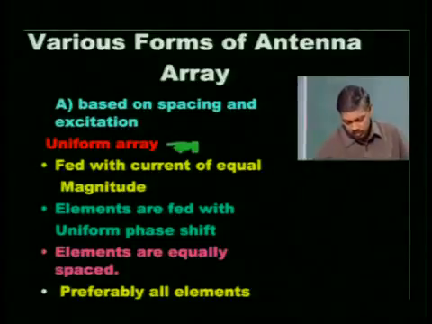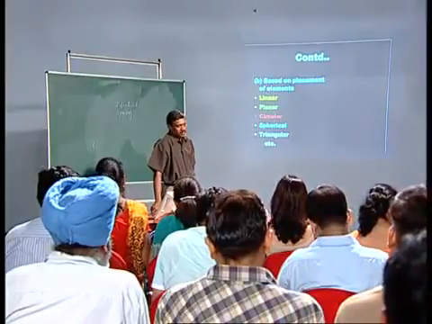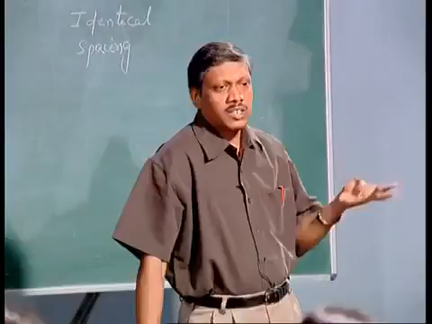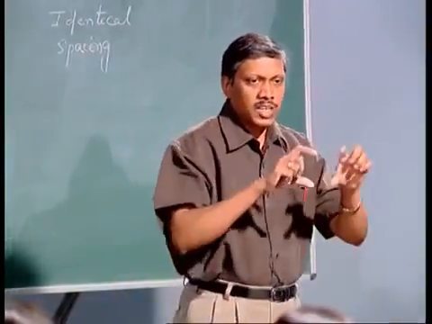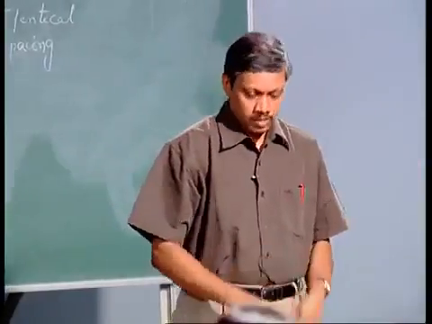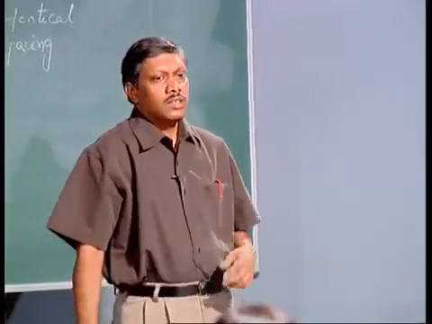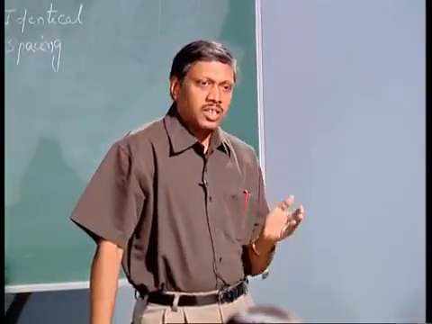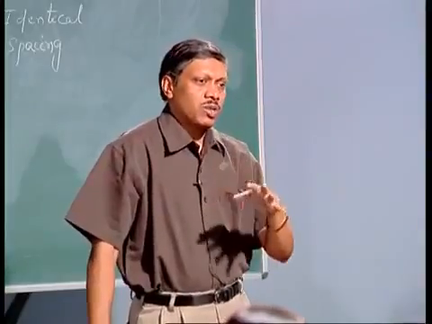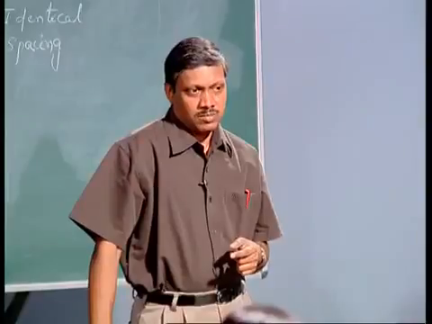Again, if we go for the placement of the array, you will come across linear and planar, which I have already explained, so we can skip this because this is the placement of the antenna array. Then coming to the spacing parameters discussion: based on the spacing parameters, how are you going to define the antenna array?